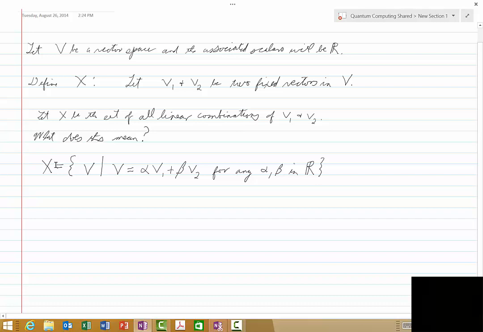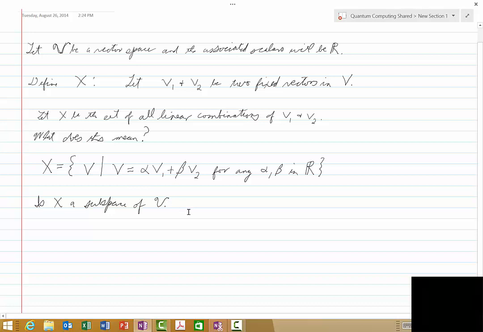And now we want to ask the question, is X a subspace of, let me make the vector space be script V so that we can distinguish between the script V for the vector space and the V here for vector. Okay?